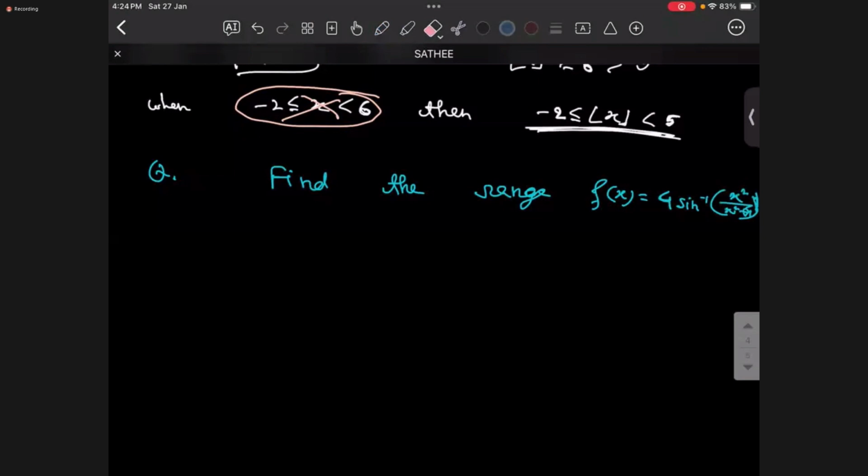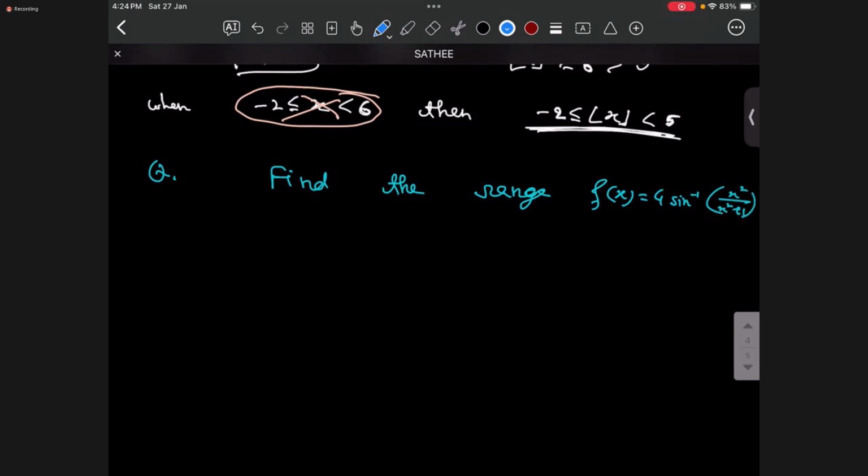Let us clearly write it: 4 sine inverse of x square by x square plus 1.